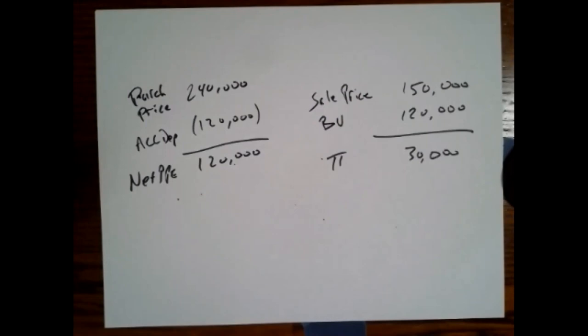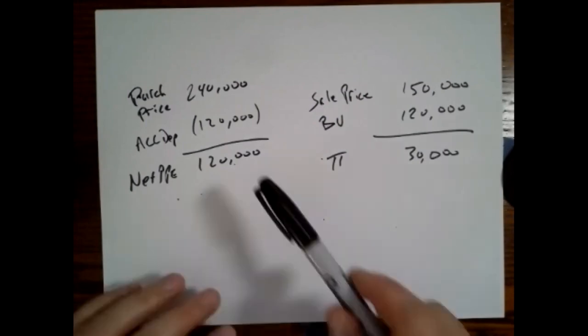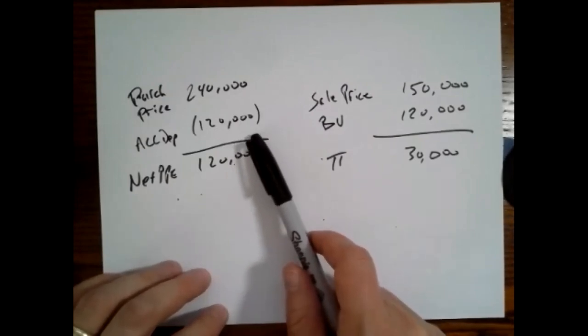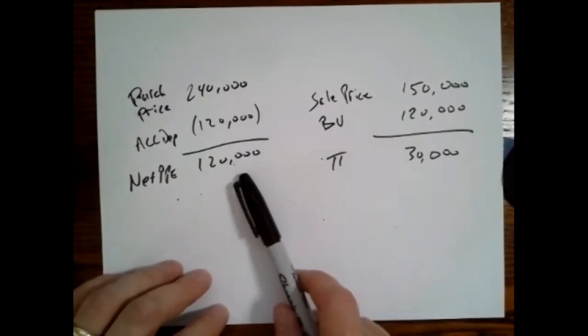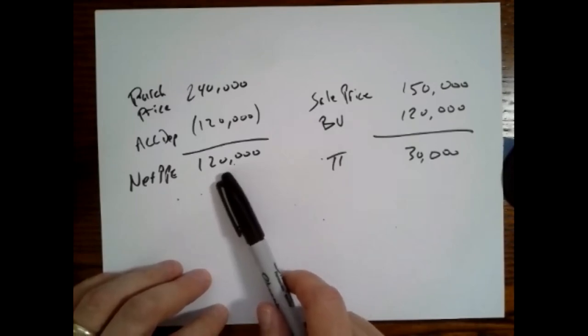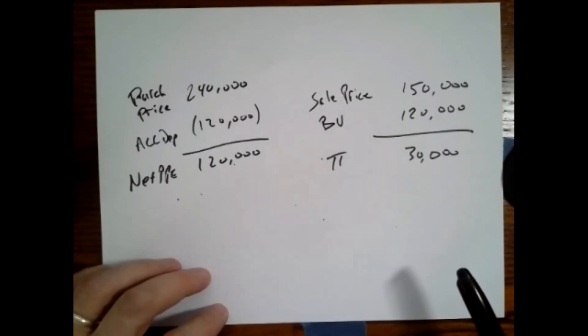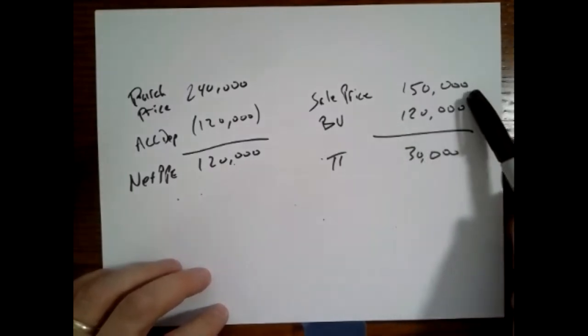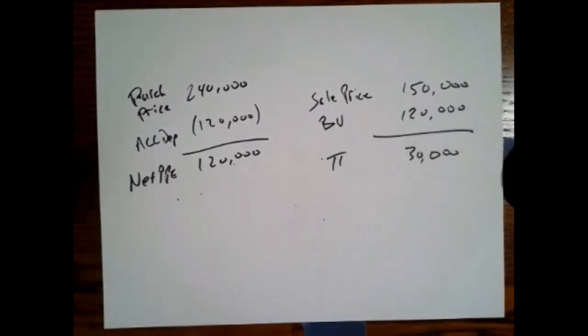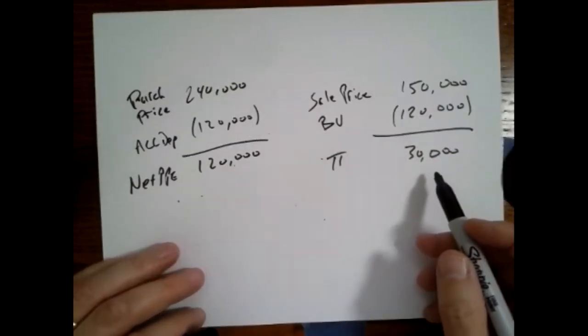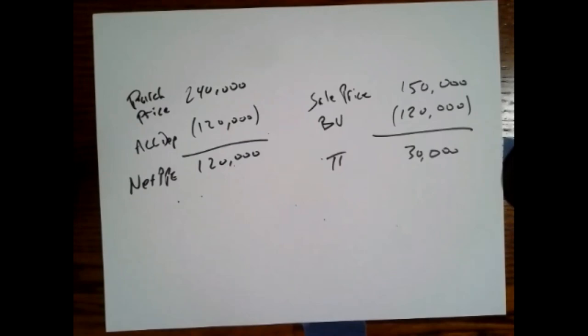So if the firm bought the thing at 240, it's taken $120,000 in depreciation. It's now reporting to the IRS that our equipment is worth $120,000, and then we turn around and get somebody to buy it from us for 150. The IRS says, "Hey, you said your thing was worth 120.